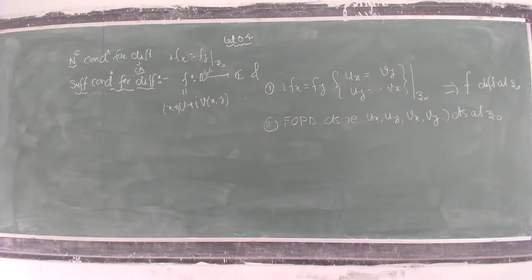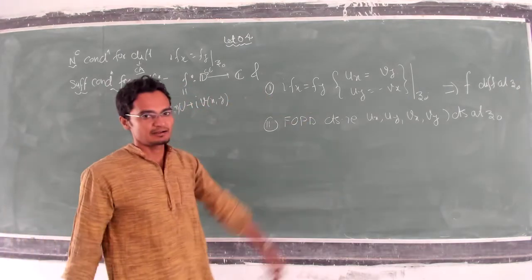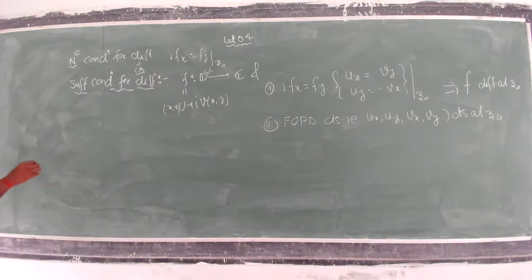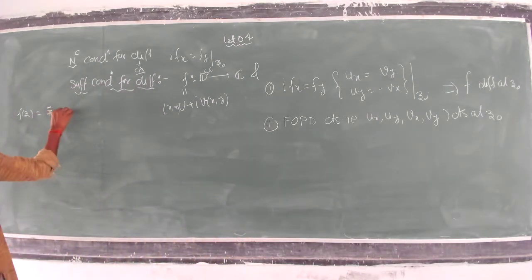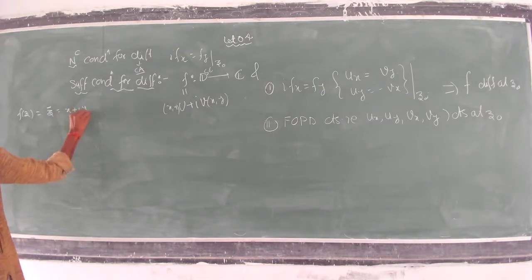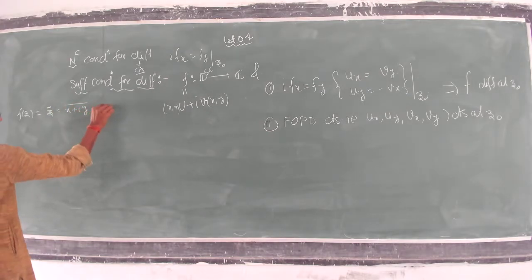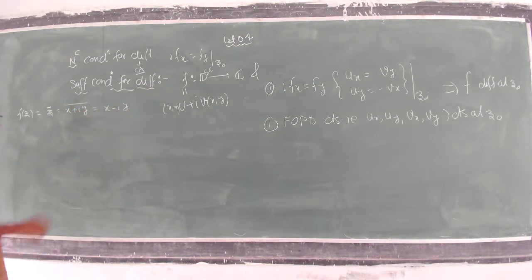To understand the definition, let us take an example that we are already aware of. Let f(z) be equal to z bar. z bar means x plus iota y, bar, which is x minus iota y.